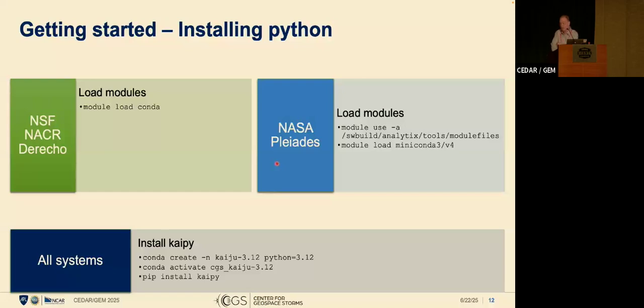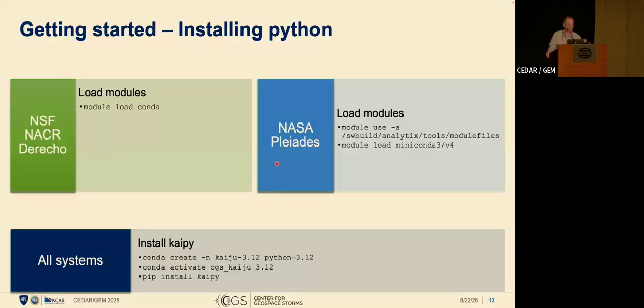Once you've created that Python environment, you want to activate it by doing the conda activate command. And then we've worked pretty hard to make the next step work, and that is doing just a simple pip install of kaipy.